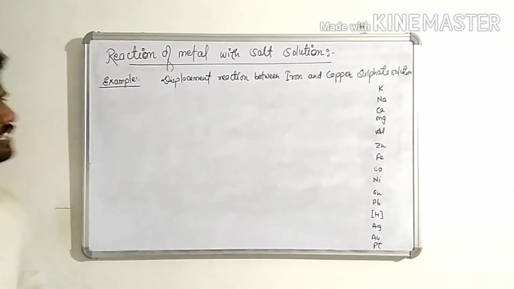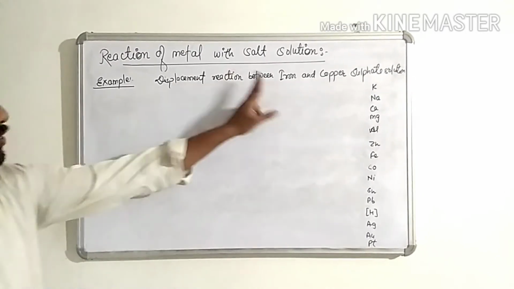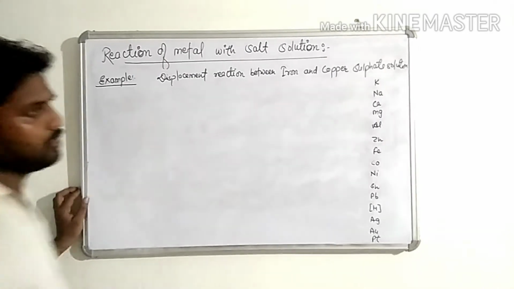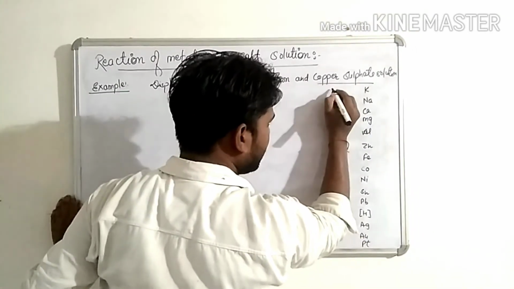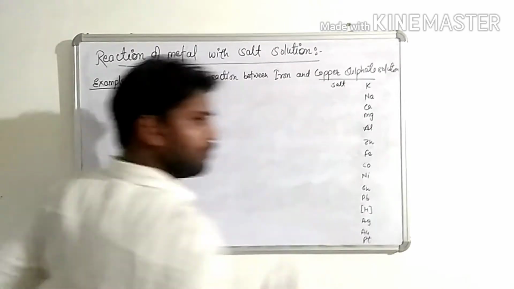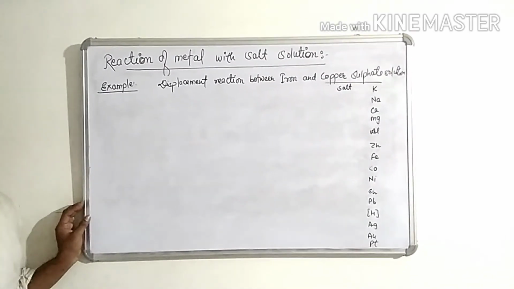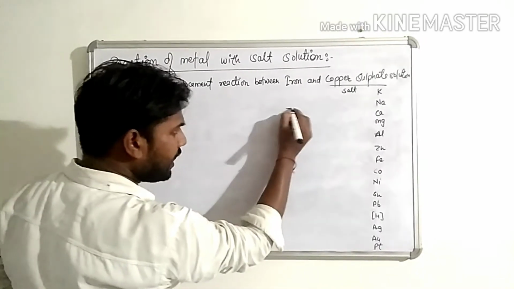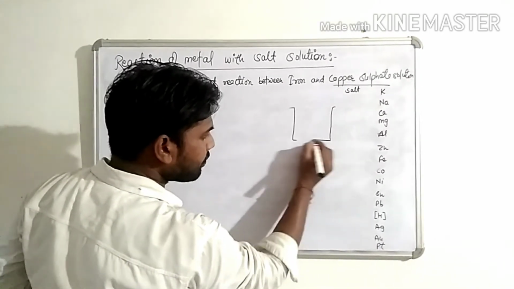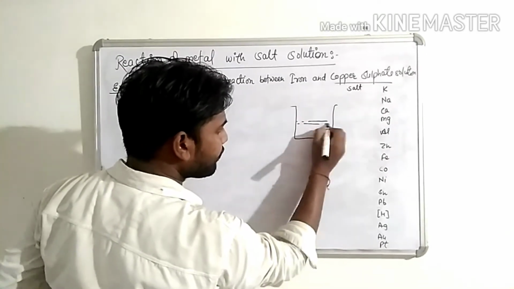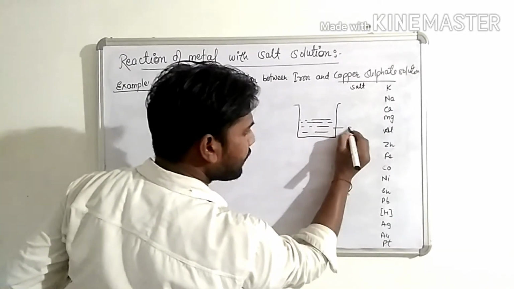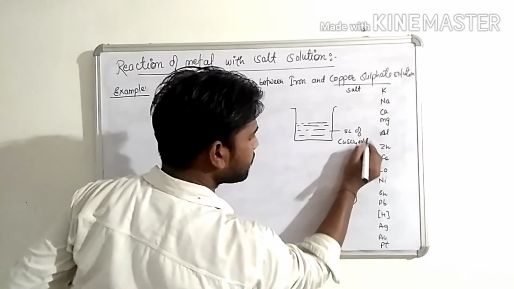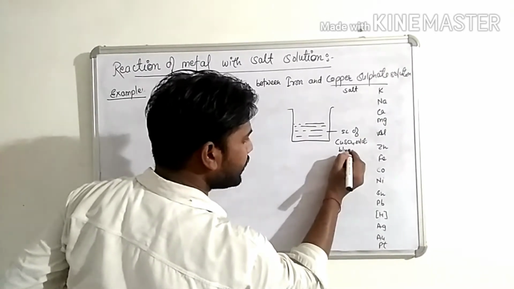Now look at this example children. Displacement reaction between iron and copper sulfate solution. Children, copper sulfate is a salt which is blue in color. Now the procedure is, you have to take one beaker and add 5 ml of copper sulfate solution which is blue in color.